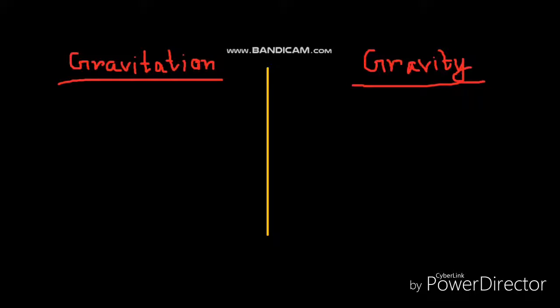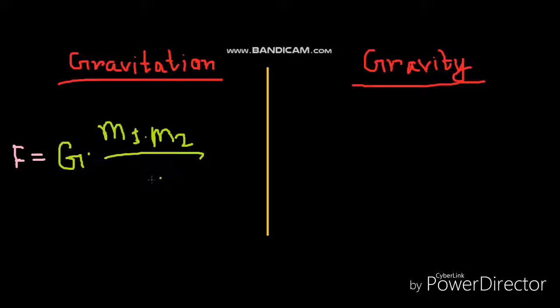When we are talking about gravitation, the force is the gravitational constant times mass 1, the mass of the first object, times mass 2, divided by d square, the square of the distance.